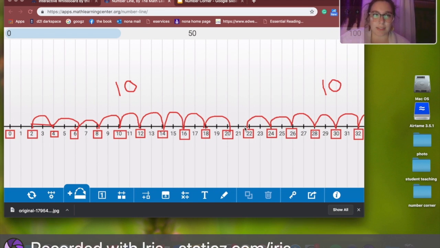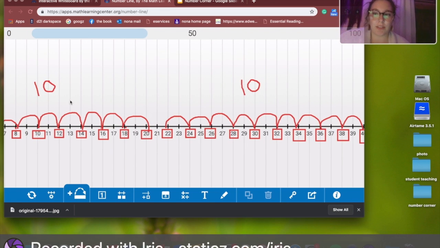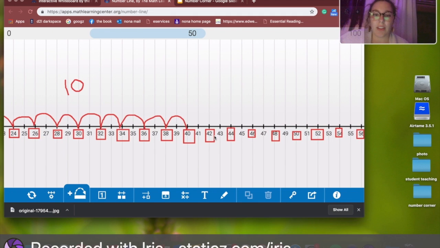All right, friends, we're going to go back and count from 0 to 100 to see how many multiples of 2 there are. We counted there were 10 here and 10 here. So 10 plus 10 is 20, 21, 22, 23, 24, 25.